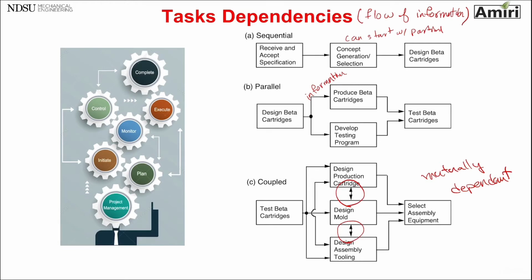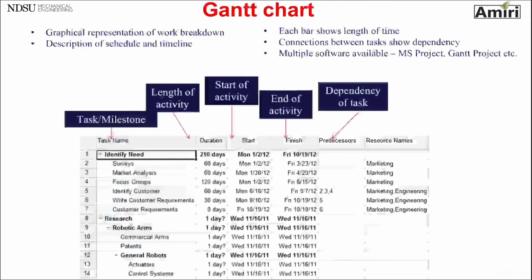So once you figure out the task dependencies, then you can move on to the graphical representation of it, which for senior design we use Gantt chart. You all have done an exercise on Gantt chart and developed the Gantt chart for your project in ME361. This is a graphical representation of the work breakdown schedule. This is a description of schedule and shows your timeline.